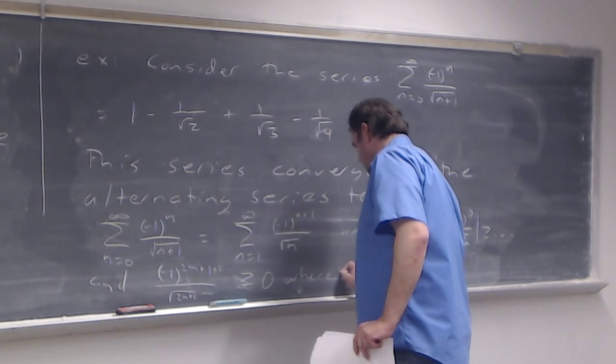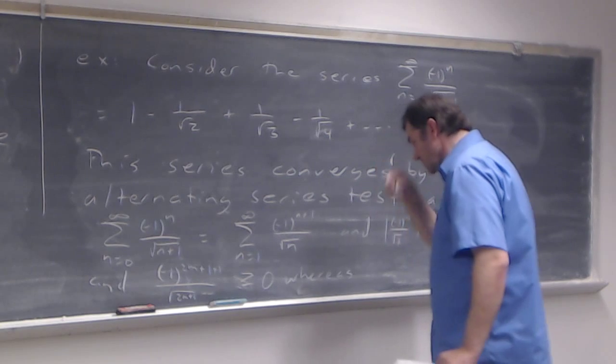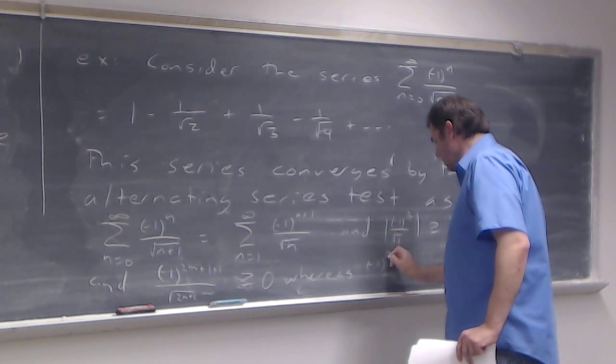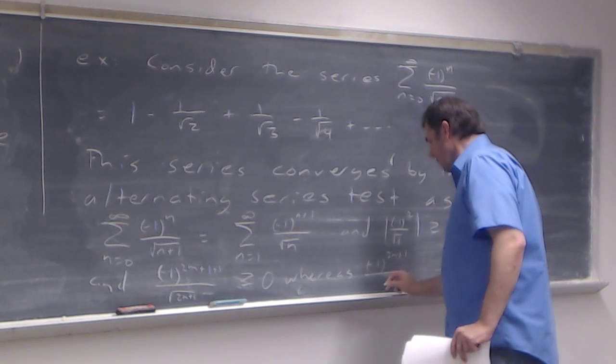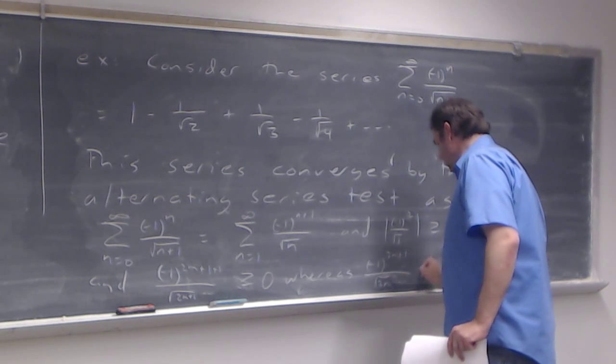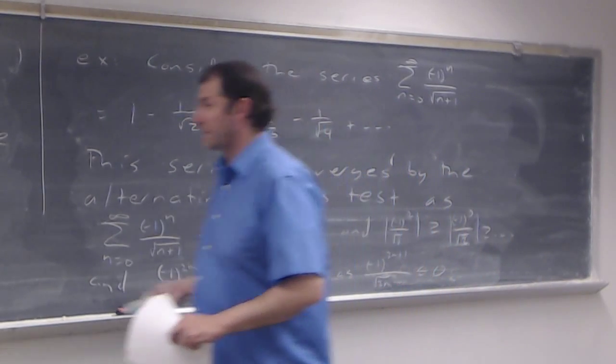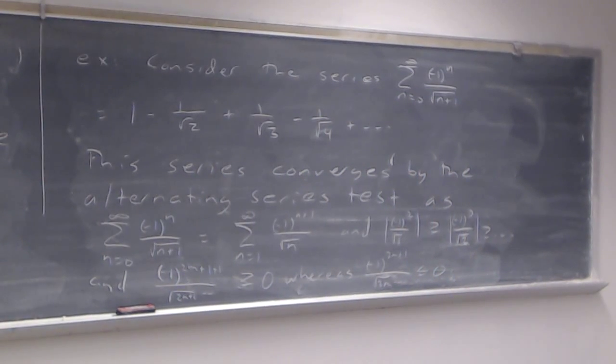Whereas the 2m term would be (-1)^(2m+1) over the square root of 2m, and that's going to be less than or equal to 0. That's another condition of the alternating series test that we're verifying. And then finally, we've got to take that limit.